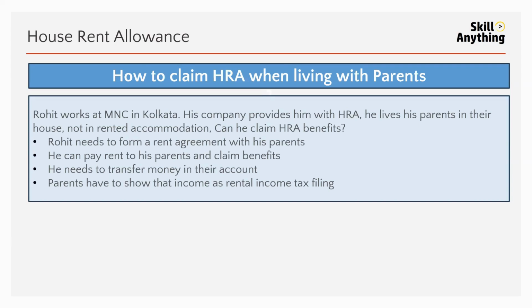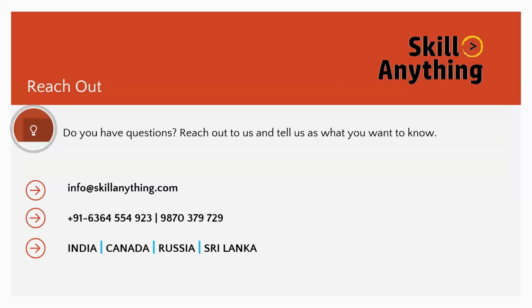He has to pay rent to his parents and claim the benefit. He needs to transfer money into his parents' account, and the parents have to show this income as rental income in their tax filing. By this process, Rohit can claim HRA while living in his parents' house.